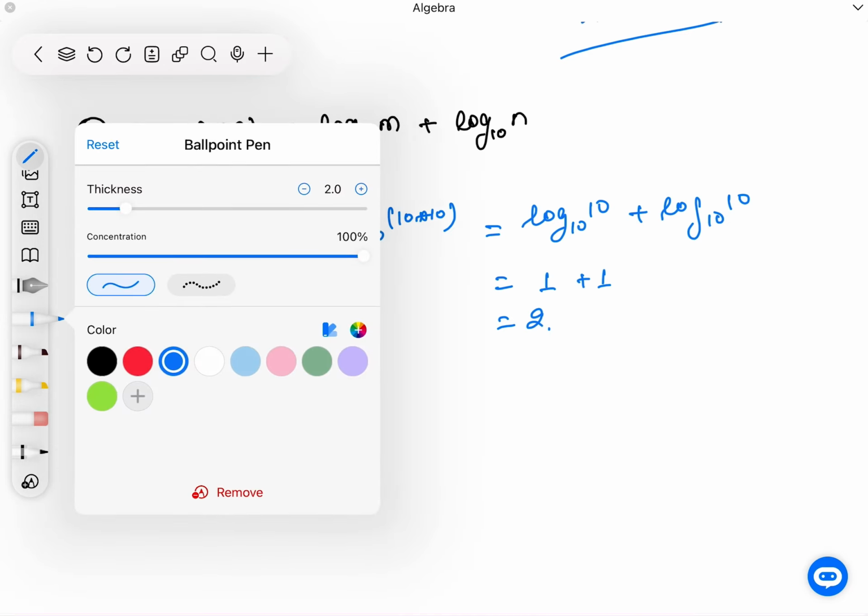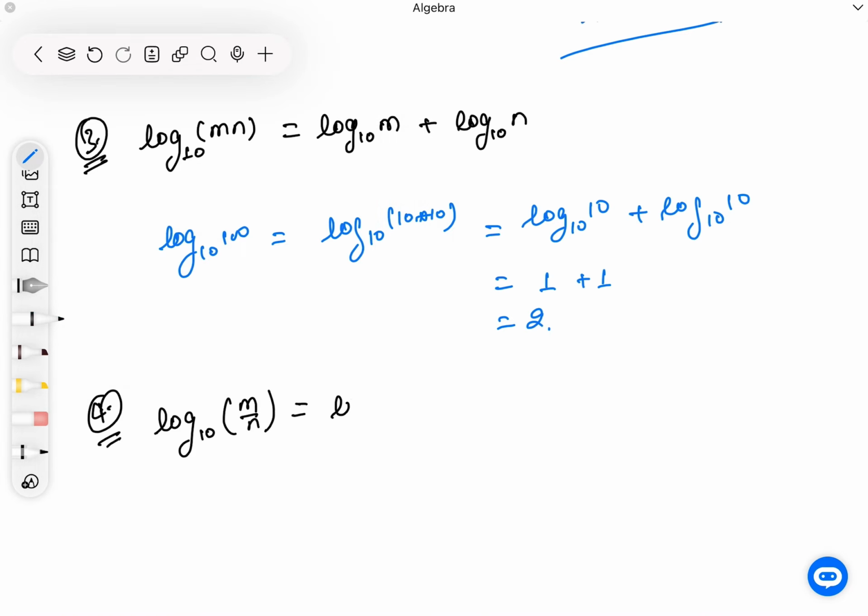But this time whatever is in your denominator, that is going to get subtracted. Okay, if it is getting multiplied, then it is going to get added, but if it is in the denominator, then it is going to get subtracted. Let's see an example for this.